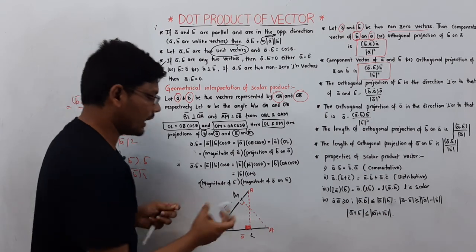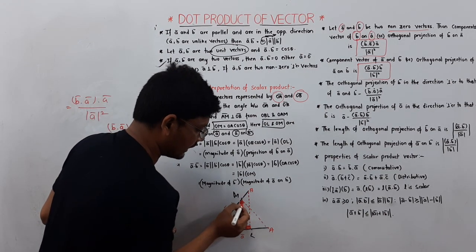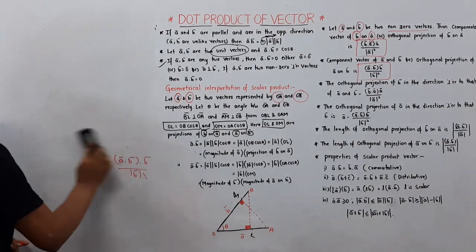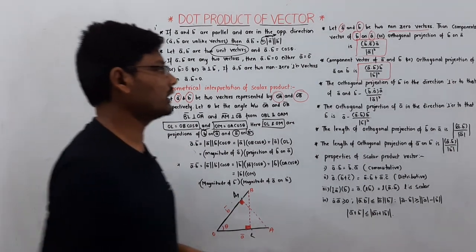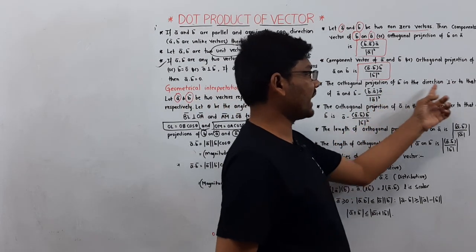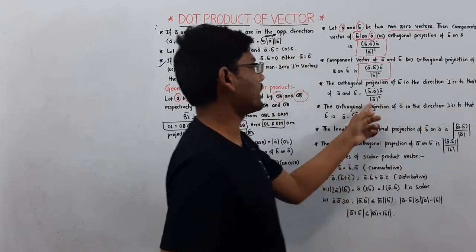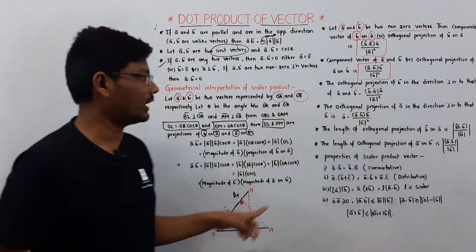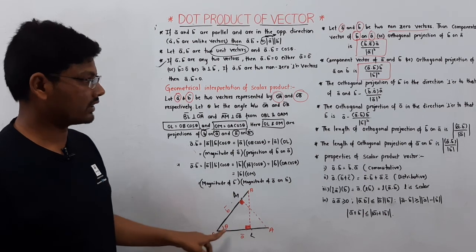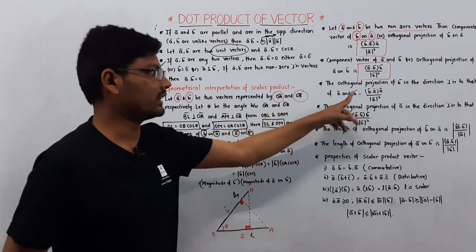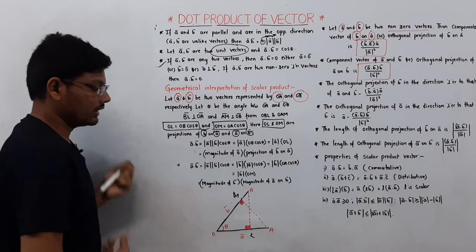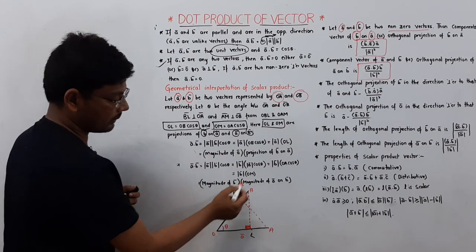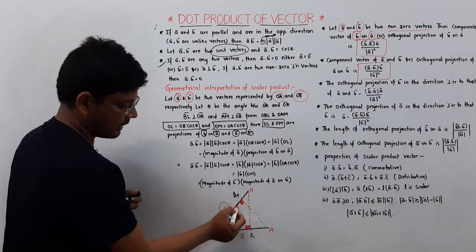It is orthogonal at the M point here. Now, the orthogonal projection of B bar in the direction perpendicular to A bar is this B bar.